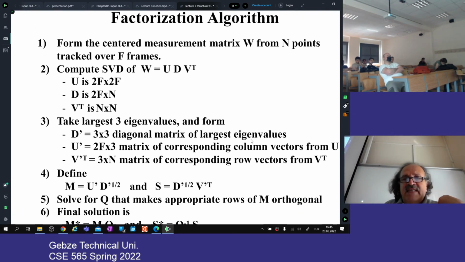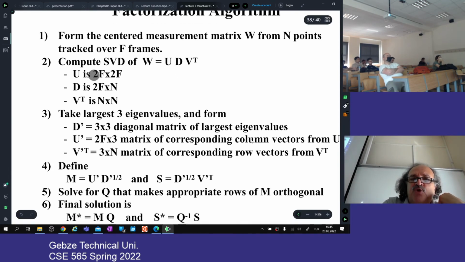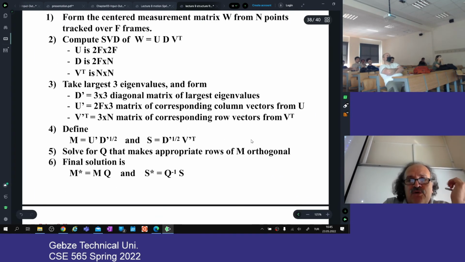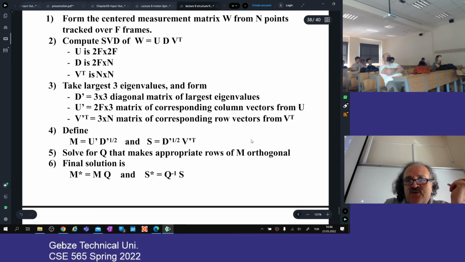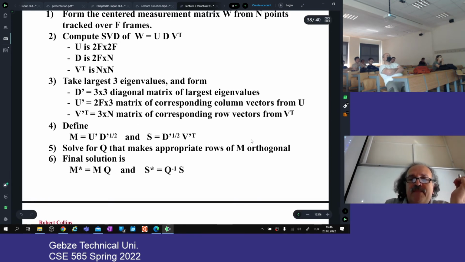You just erase everything after the third diagonal element of D, make everything 0, and ignore the rest of U and V too. Then you are going to have an M of this value and an S of this value, and then find this Q such that it makes the rows of this M orthogonal to each other.